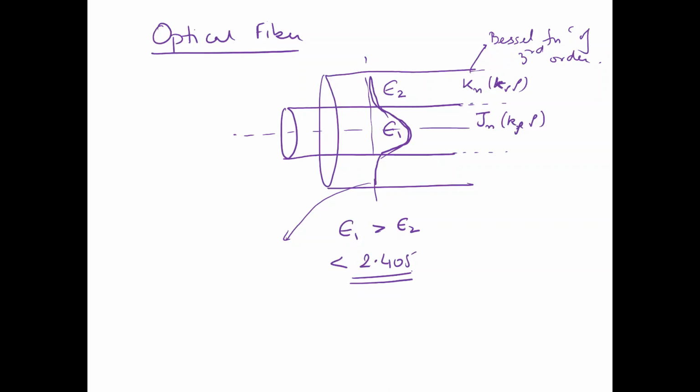Instead of doing metal waveguides where you force the electric field to go to zero, you would be using dielectric waveguides at that point. These dielectric waveguides would also support solutions, but the field will not go to zero at the edge. The field would actually penetrate out into the outside.